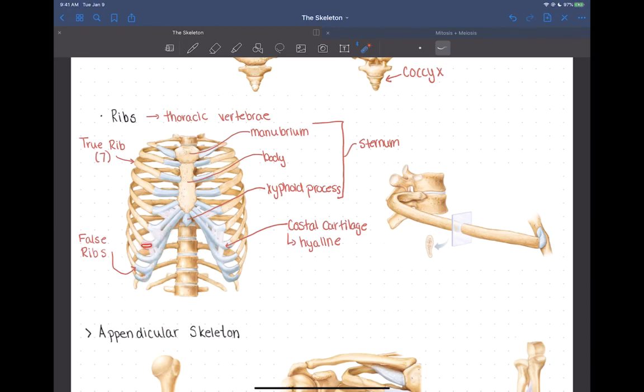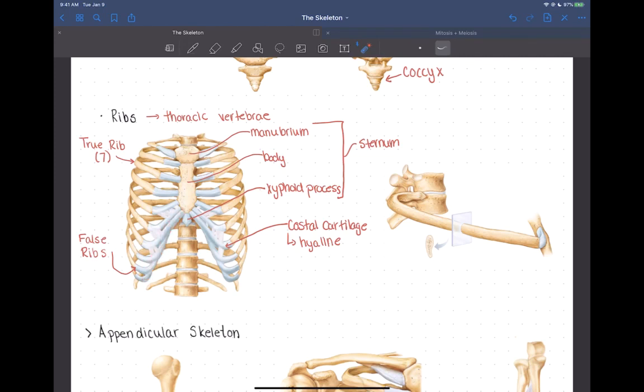This is kind of its own cartilage, and the false ribs are like piggybacking with it. So we go 1, 2, 3, 4, 5, 6, 7 true ribs. Then 1, 2, 3 false ribs that share this cartilage. They all join together like this, and then they piggyback onto that last true rib to meet the sternum.